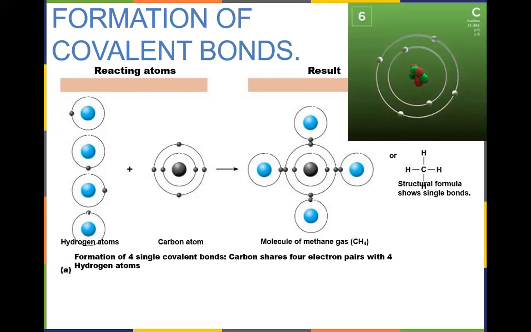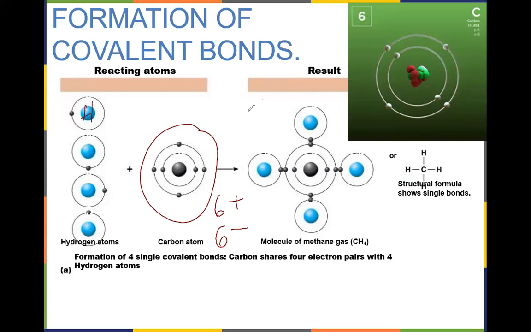For example, carbon. Carbon has an atomic number of 6. Here's our carbon atom right here, 6 protons and 6 electrons. Over here is hydrogen, 1 proton, 1 electron. Well, this carbon atom wants to have 4 more electrons in its valence shell.